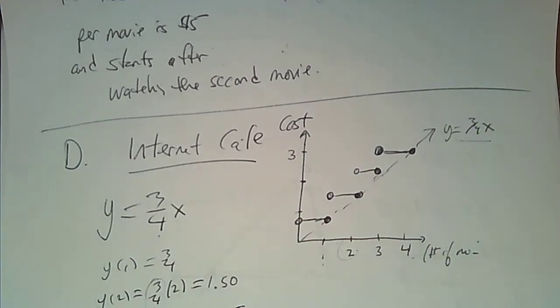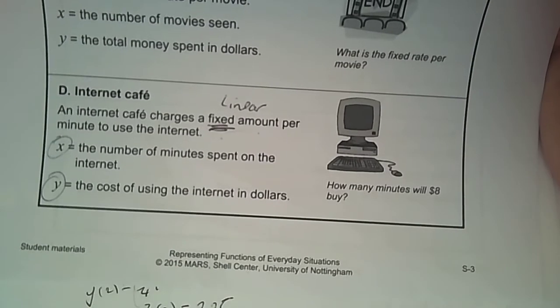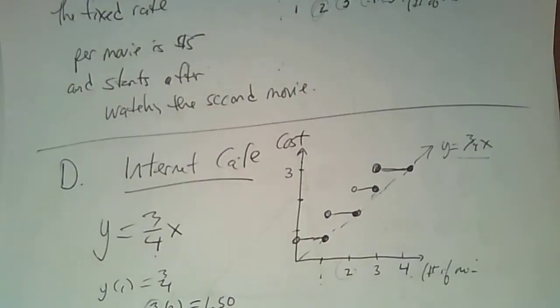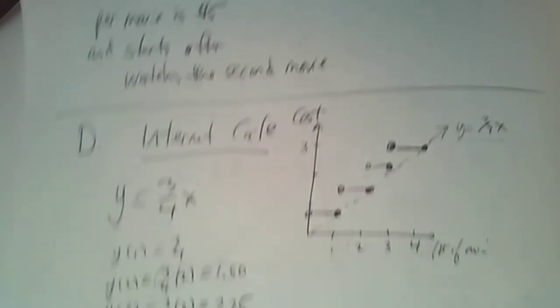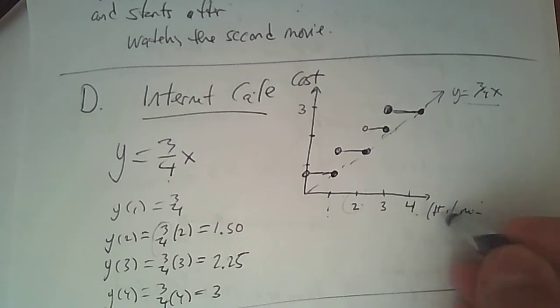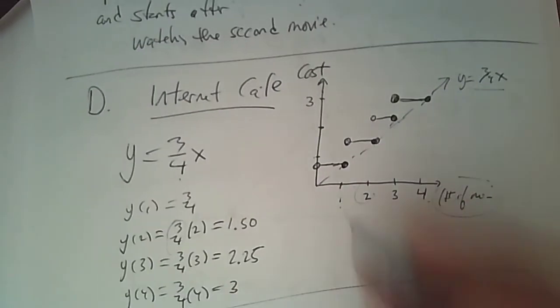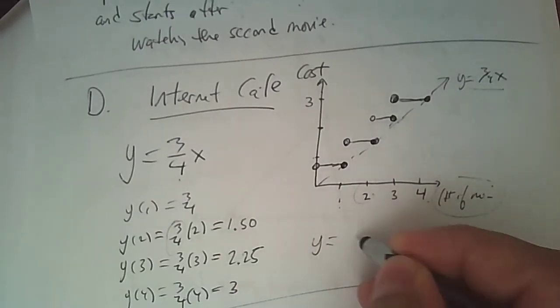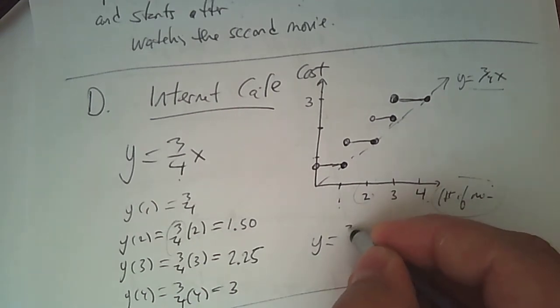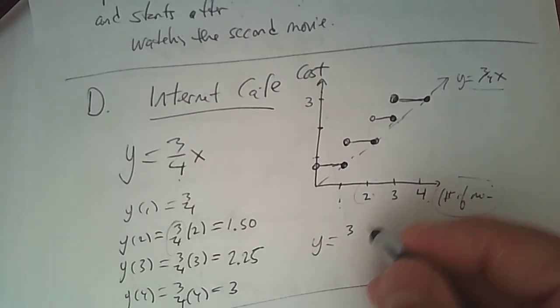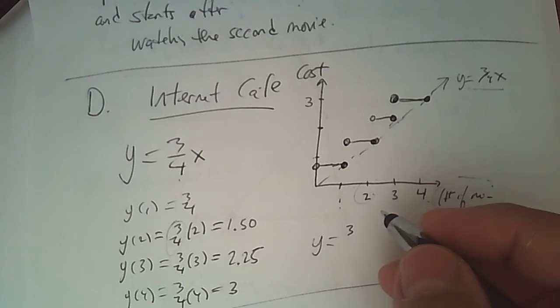Oh, yeah. So the question was for the internet cafe, how many minutes will $8 buy? So understand this, that you're given 8. Minutes is the x-axis. So what I would do is, it says how many minutes will $8 buy?